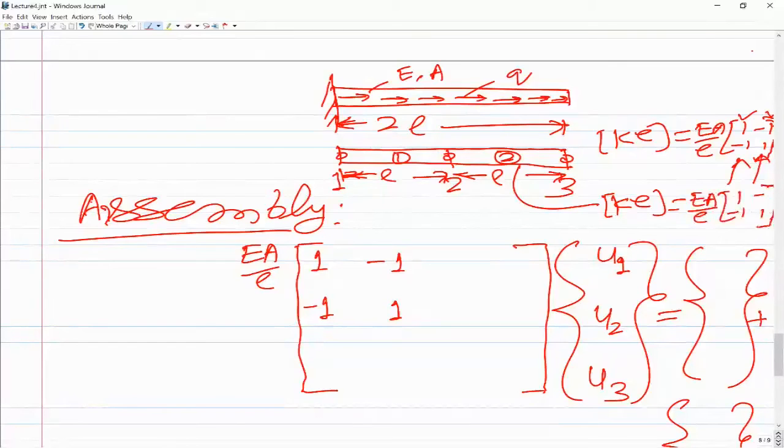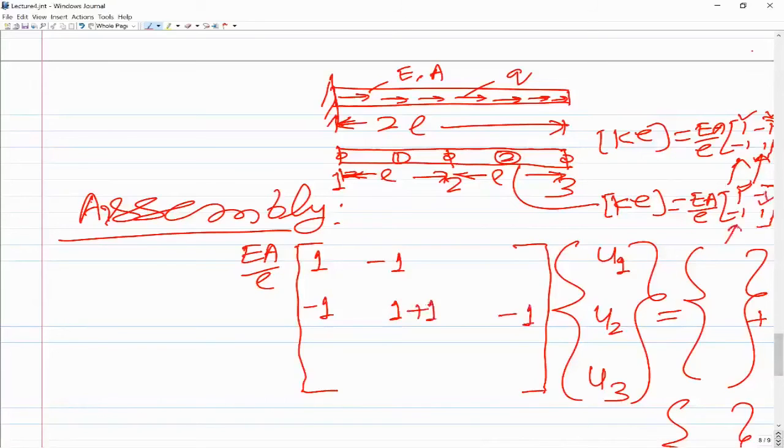Now for the second element, the first row and first column will go to the global second row and second column, because the first node is global node number 2, and at global node number 2 we have degree of freedom u2, so it will be added here, so this will be plus 1. Then this minus 1, the second element's first row, second column, will go to the second row and third column, so we will be adding over here.